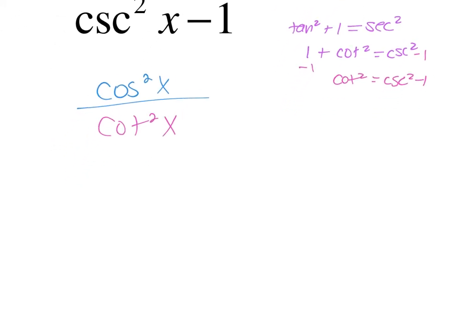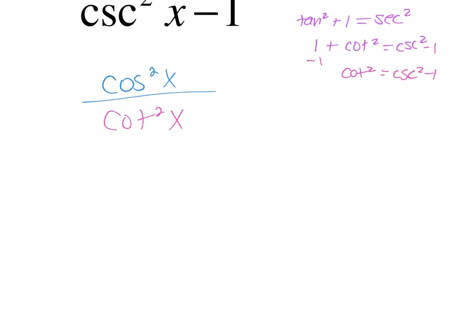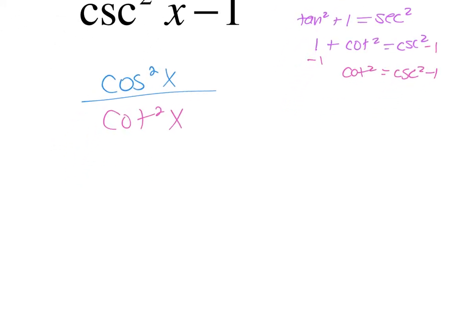Now I'm going to show you 2 ways to go from here. What's one thing we could do? 1 over tan. Okay, but I want to get it in terms of sines and cosines, right? If there's a sine or cosine there with a tan or a cotangent, I'm going to make that cosine over sine instead of 1 over tangent. 1 over tangent is not wrong, but you're going to have to make that tangent sine over cosine at some point anyways. So I can do cosine squared x over cosine squared over sine squared.